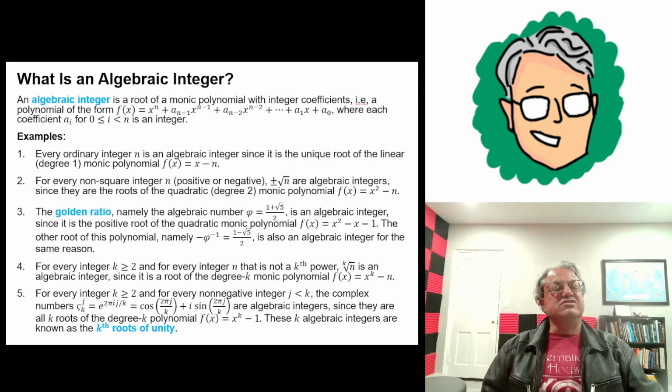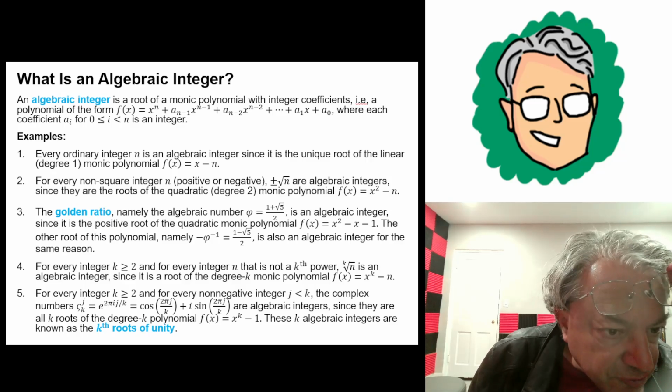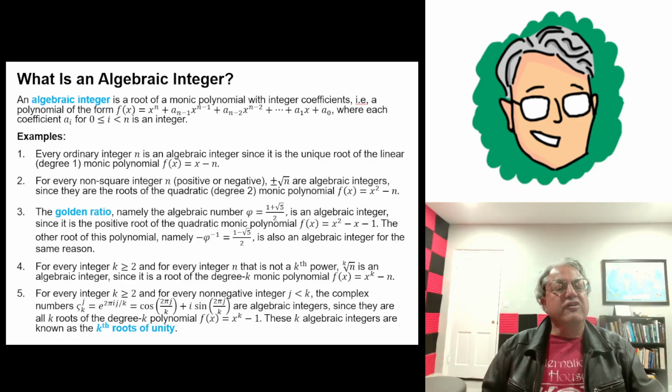So now let's consider a higher degree. It could be degree 2, but it's a general degree, k greater than or equal to 2. And n is any integer that's not a perfect kth power. Then it turns out that the kth root of n is also an algebraic integer.